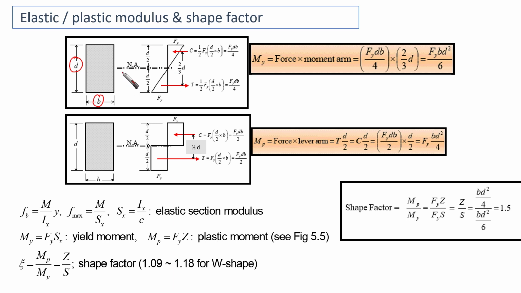So we are going to say that the stresses are linear, and the neutral axis is going to be in the middle. And we have the same cross section, with B and D, but we are going to assume that it is in the fully plastic case. So we are going to find that our neutral axis is still in the middle, and we have the distance between the two blocks, compression and tension, as you can see here.